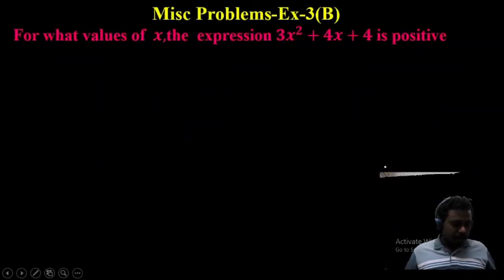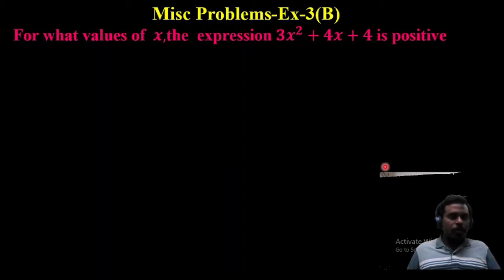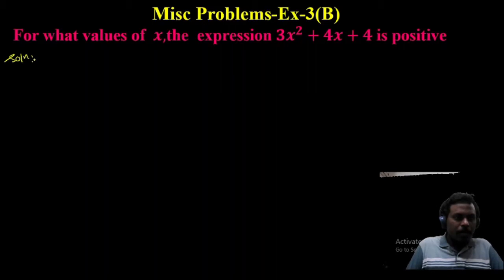Here is our next question. For what values of x is the expression 3x square plus 4x plus 4 positive? Okay, the solution is here. Let us write what are the ABC values.